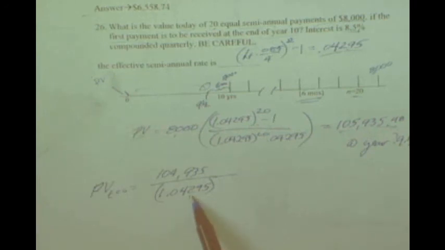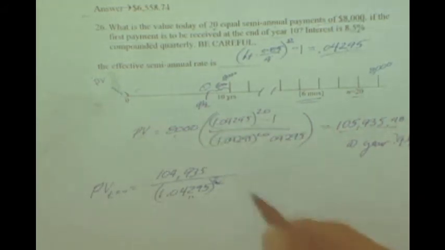If this is a semi-annual rate, I must have semi-annual periods. So what do I want for my exponent here? 19. 9.5 years. 9 years is 18. One more, half a year, 19.